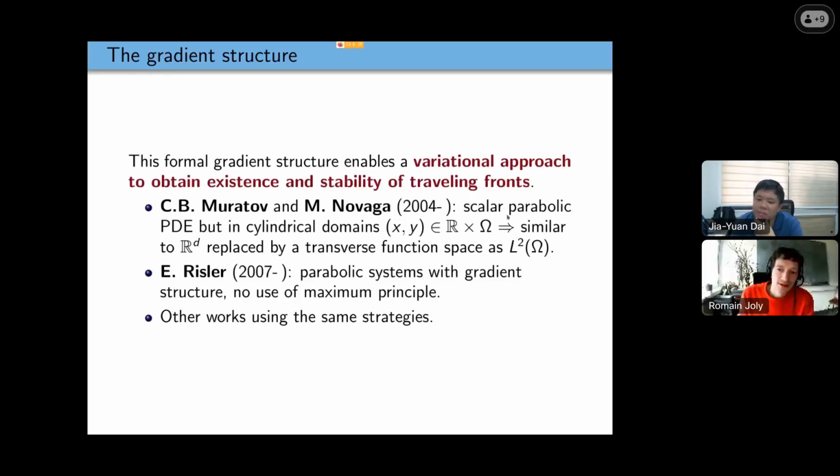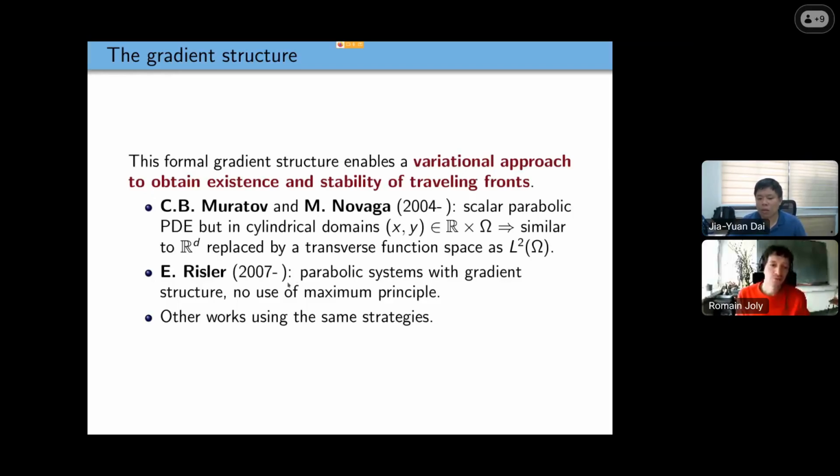And so mostly they study the case of scalar parabolic PDE, but in a different framework, in cylindrical domains, where you have more than just a 1D spatial variable. And in their case, they still have the maximum principle because they work with scalar parabolic PDE, but they are really using this gradient structure, this formal energy, to have a variational approach and obtain variational results. And they obtain a lot of existence and stability of traveling fronts using this kind of structure.